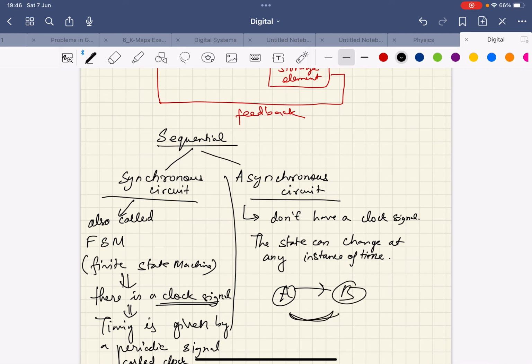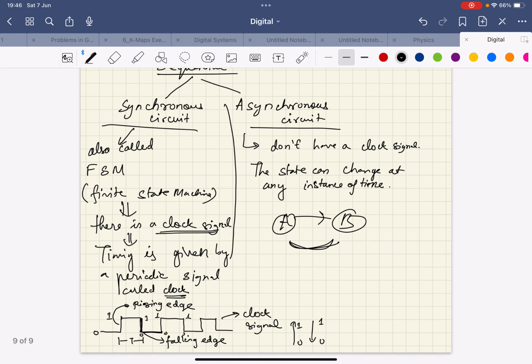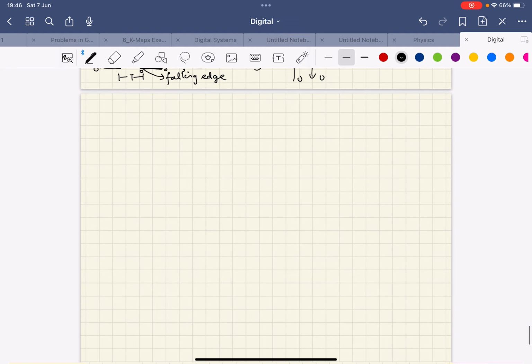You can go now, after 5 minutes, or after 10 minutes. But if it were synchronous, after 5 seconds the signal would go from state A to state B, at t equal to 5 seconds. So we set a time in synchronous, but in asynchronous we don't set a time. Got the point? So this was the conceptual part.